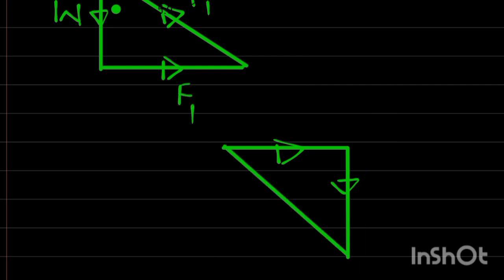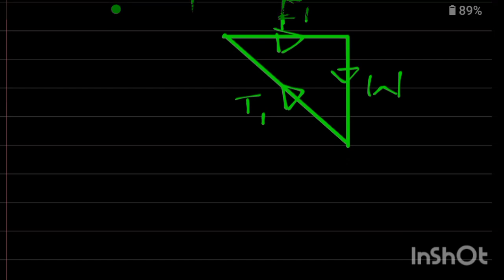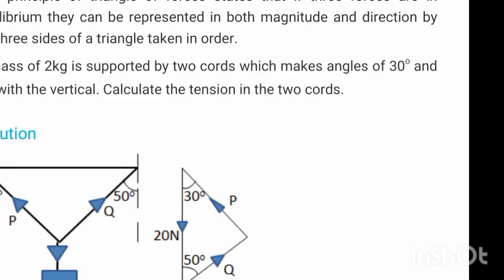The only way to be perfected in drawing your diagram is by taking various examples. I will advise you to try as much as possible various examples, then you will be able to represent forces in magnitude and direction.